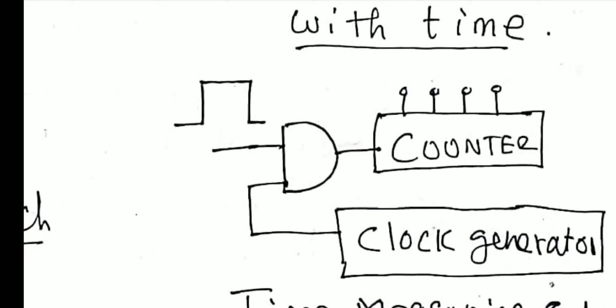The idea is, we know the 2-input AND gate. At one input a clock generator is connected, so it generates the clock pulse at a constant rate, the frequency. At the other input of the AND gate, a gating pulse is given. Whenever the gating pulse is off, the AND gate is closed and the output is 0.